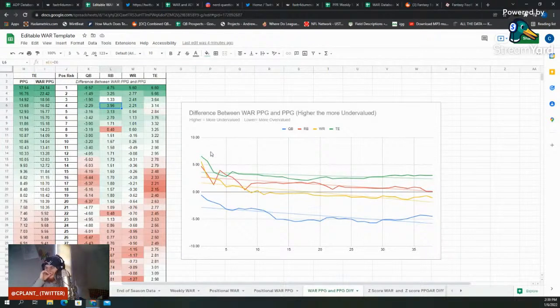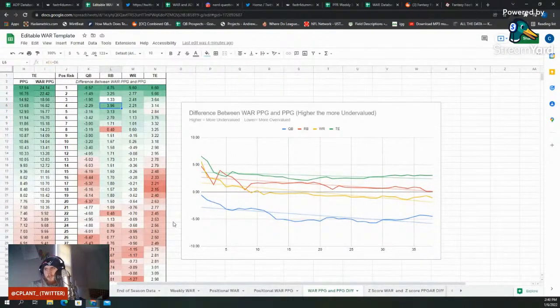So here, tight ends are actually undervalued by points per game a lot. You could see that the difference is pretty high between the top tight ends in WAR points per game and regular points per game. Same thing is true with wide receivers and running backs.